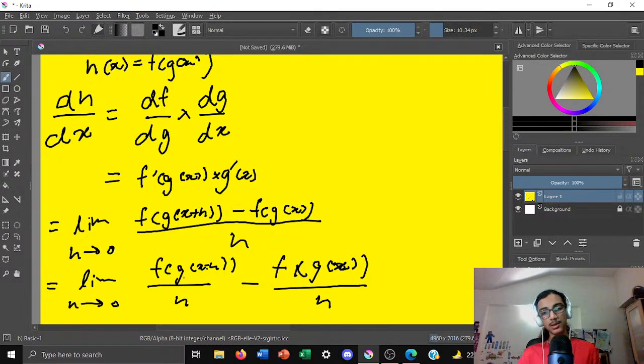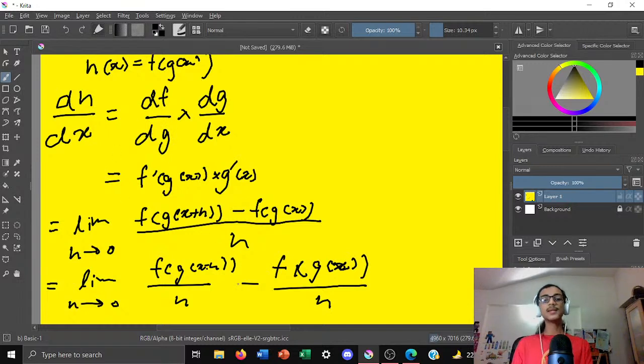As you can see, what we've got here is g of x plus h, right? Because this is the input of f, we can take it in terms of g. So what is this referring to? df dg means a tiny change in f of x divided by a tiny change in g of x, right?